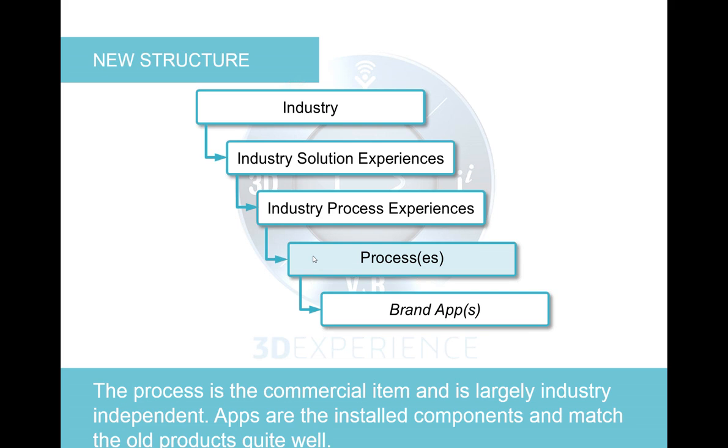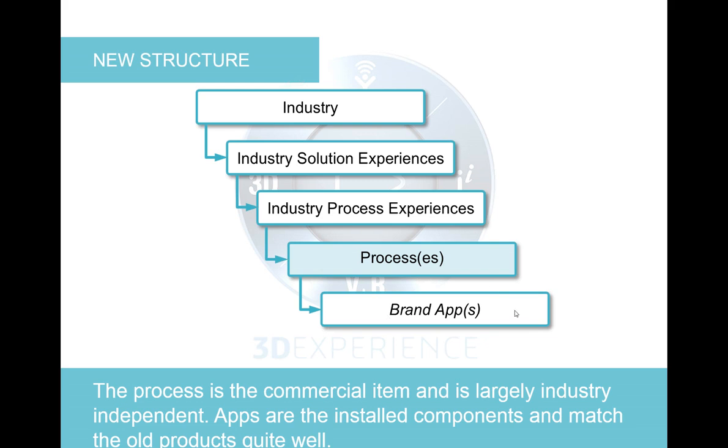So within the manufacturing bill of material management, you will have the ENOVIA MBOM management and perhaps another ENOVIA functionality for integration to ERP. So there you have the ENOVIA name appearing first on the brand application. But as a customer, you will buy a process and you will install the apps, because the apps that come with that process are the installable items.